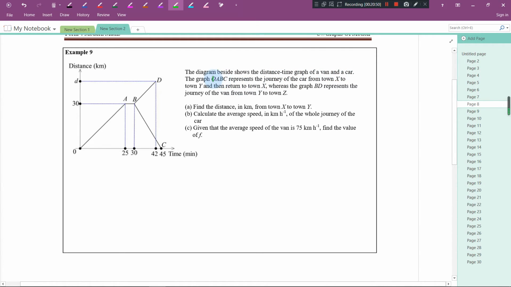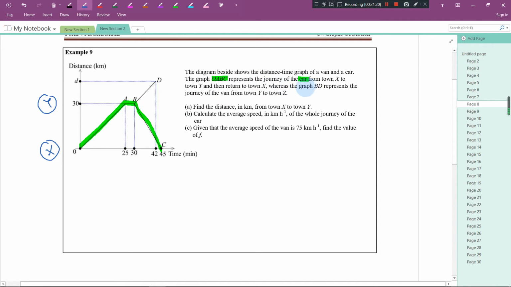The graph OABC represents the journey of the car from town X to town Y. It's better that we label the location here: town X to town Y, rest there, and then return back to town X.